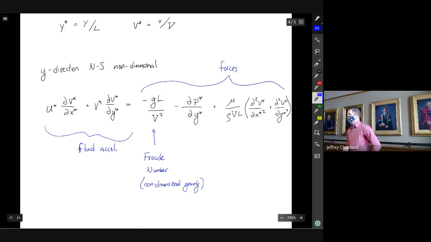So if the Froude number is itsy bitsy teeny tiny, gravity doesn't matter. If the Froude number is really big, then it does matter. If the Froude number is the same between system A and system B, then the effects of gravity are the same. The results of gravity are the same in system A and system B because it's the same number.